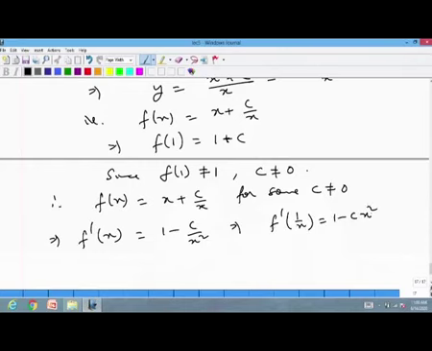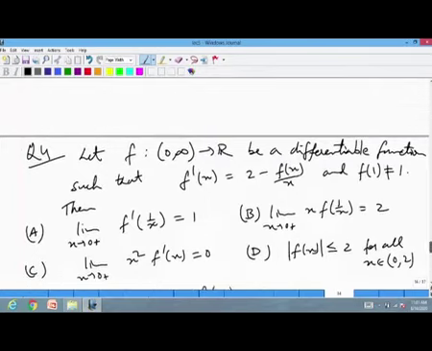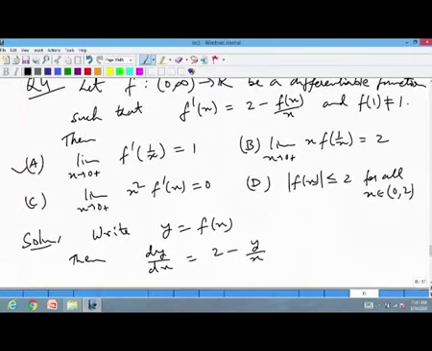Now, as x approaches 0, this approaches 1 as x approaches 0 plus. So, therefore, option A is correct.